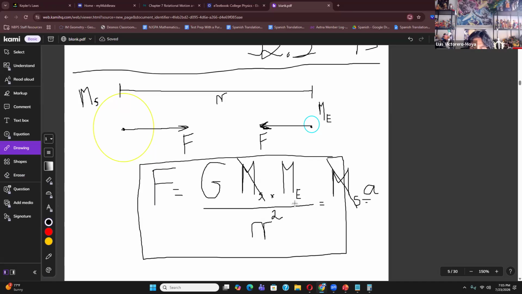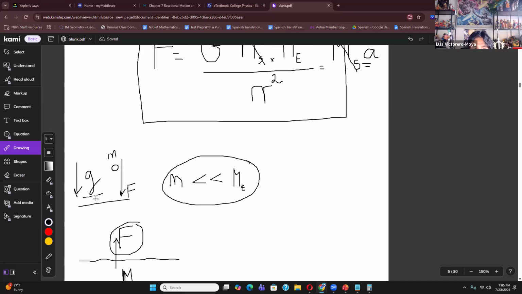And what is this? This. So Newton realized that the acceleration of gravity of the earth can be calculated by the G constant, the mass of the earth, divided by the radius of the earth squared.